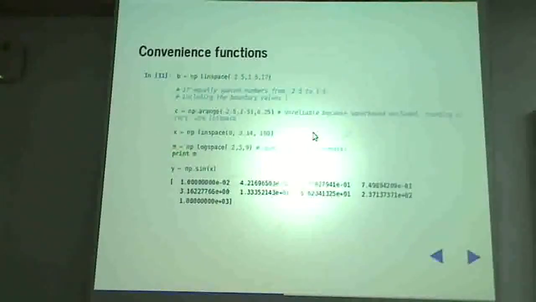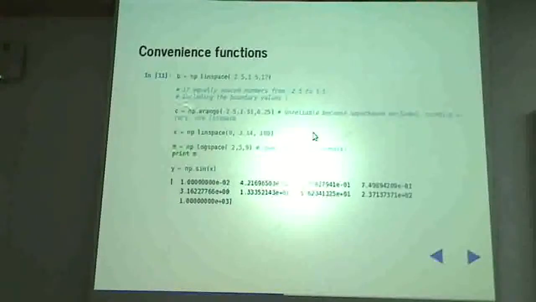One is called linspace. In this case, it generates 17 equally spaced numbers from minus 2.5 to 1.5, including the boundary values. So if you are making a plot and you need numbers in a particular range uniformly sampled, you can use linspace, where you give the minimum value, maximum value, and the number of points. Remember, this will put a point at both corners.